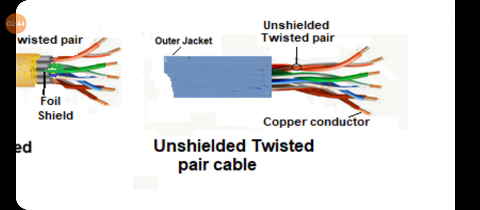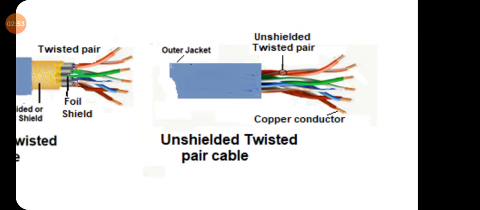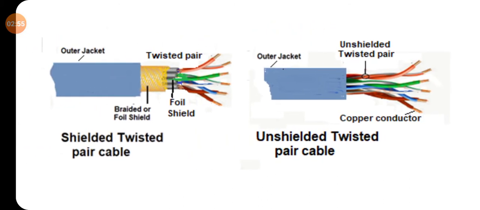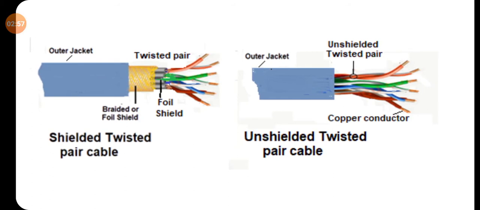That is why it is called unshielded, meaning uncovered, and the outer jacket provides the protection. By looking at both diagrams you can understand the difference. Shielded twisted pair has one extra covering made up of foil, and unshielded has no extra covering, so it is uncovered or unshielded.